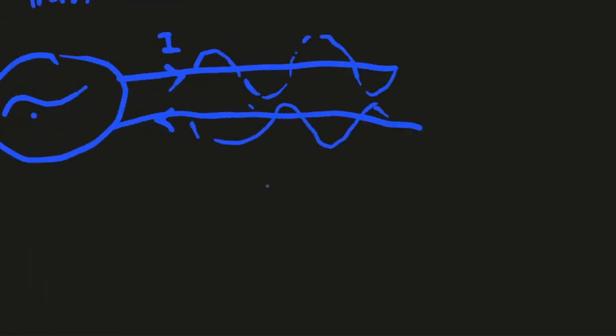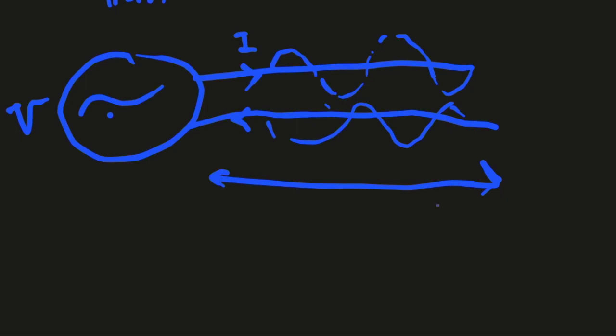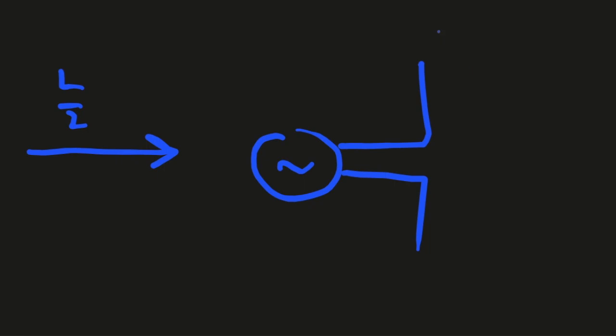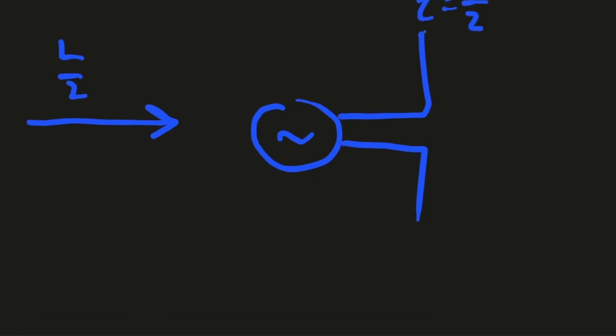So let's say our length of wire is L, and let's say we open up the last L over 2. So it looks like this: this is L over 2, that is L over 2. And we can have something that looks like that.